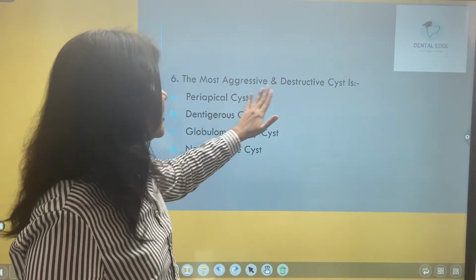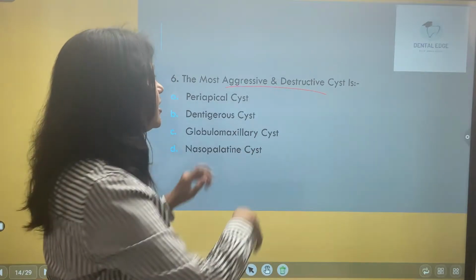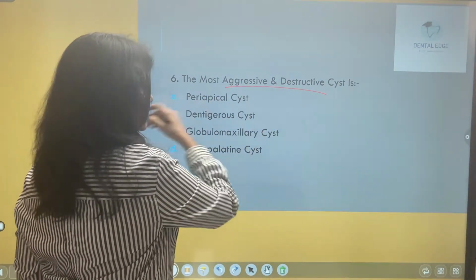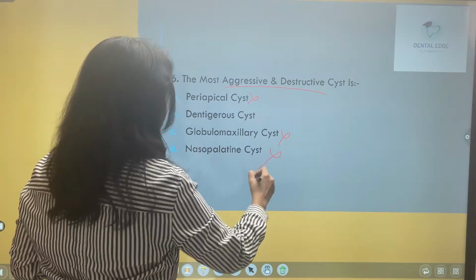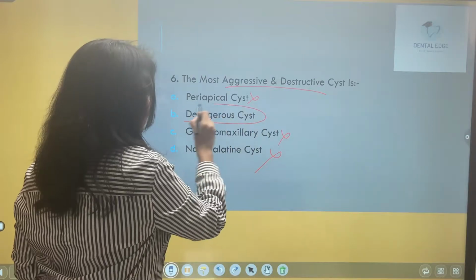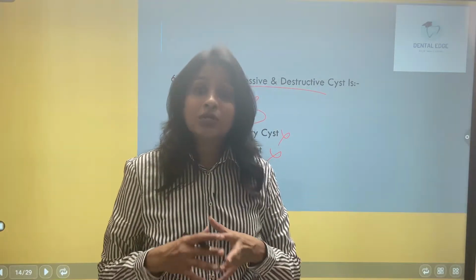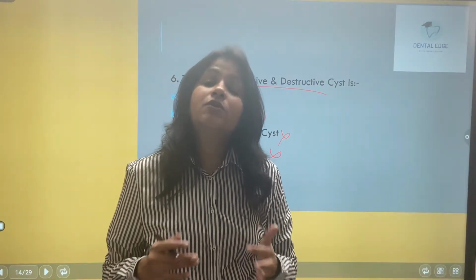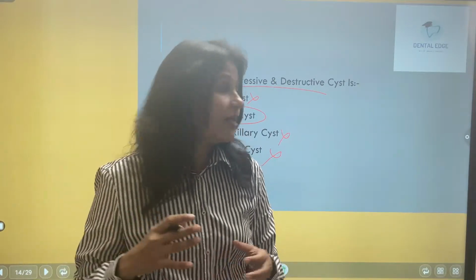The most aggressive and destructive cyst among these, which is the most aggressive and destructive cyst? Periapical cyst, that is a radicular cyst. No, it's not very destructive. Not globulomaxillary. No. Nasopalatine. As I told you, dentigerous cyst has the capability to increase in size, causing bone expansion. It can even cause hollowing of the entire ramus up to the coronoid or condylar process.